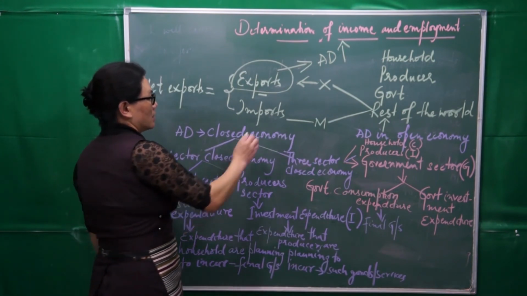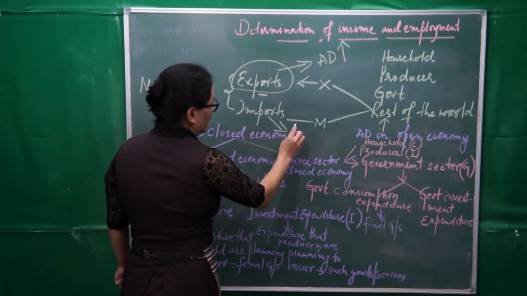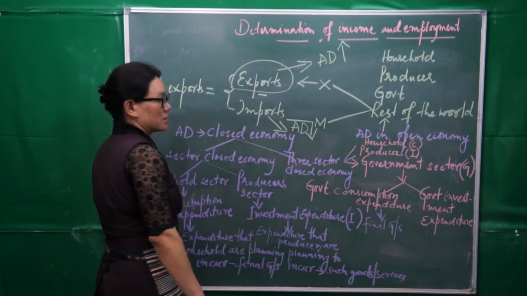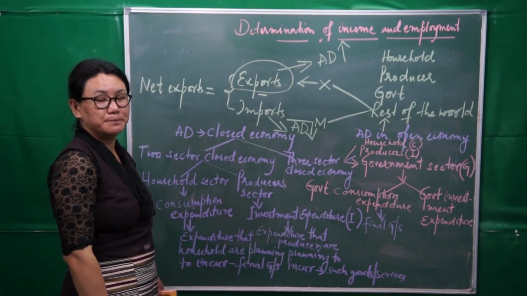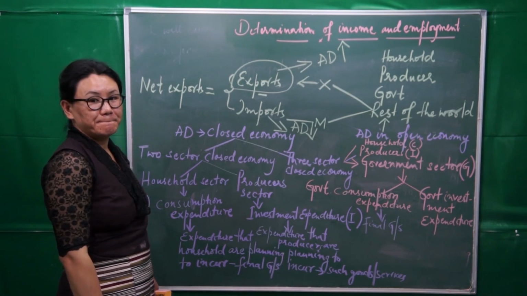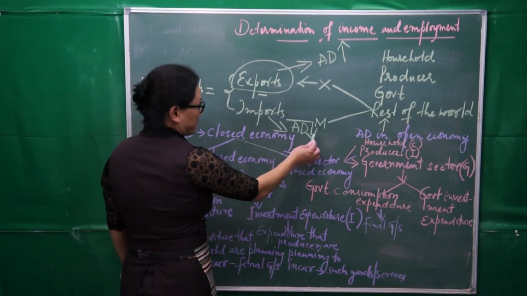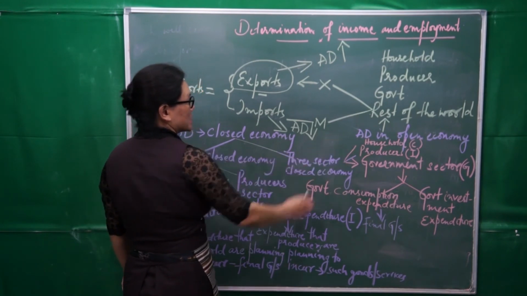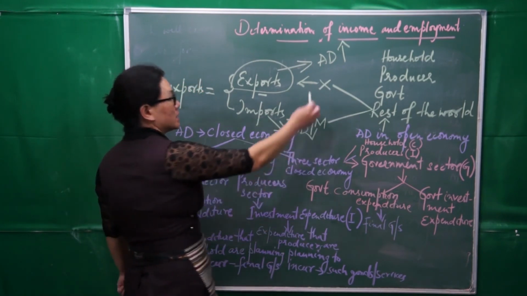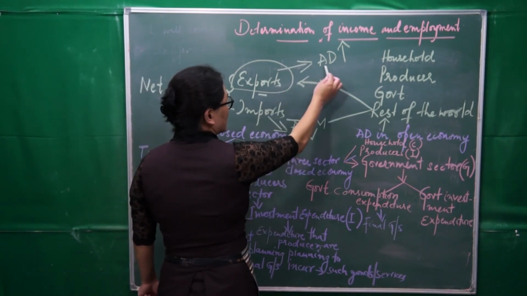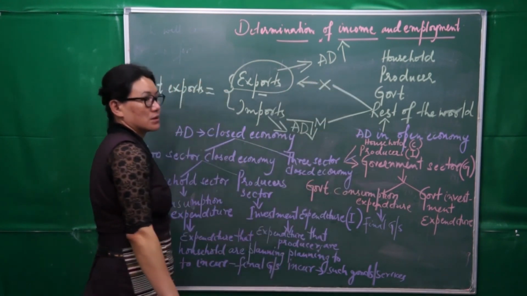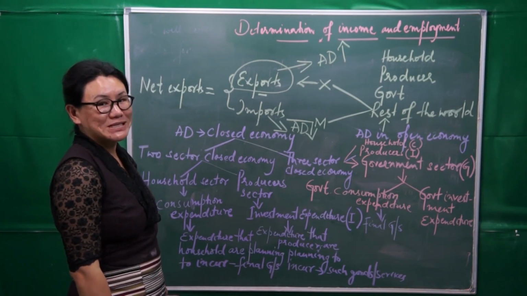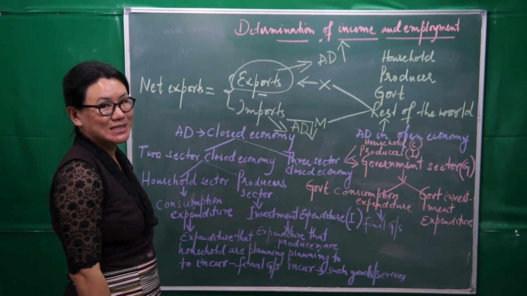And this one will decrease aggregate demand, especially on domestically produced goods and services. And here, because of exports, AD increases for domestically produced goods and services.